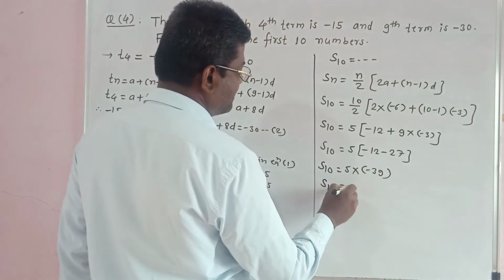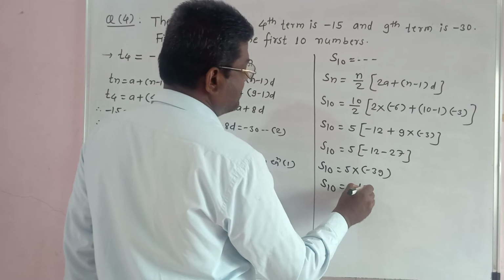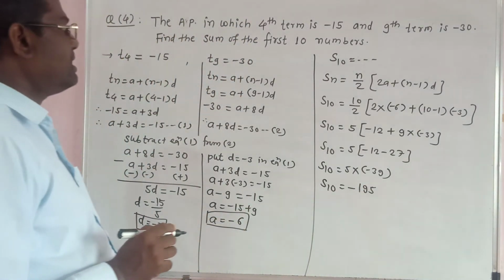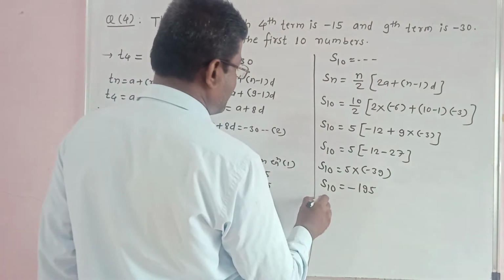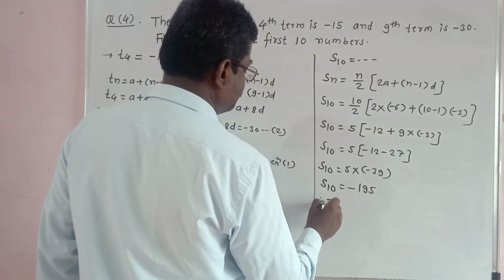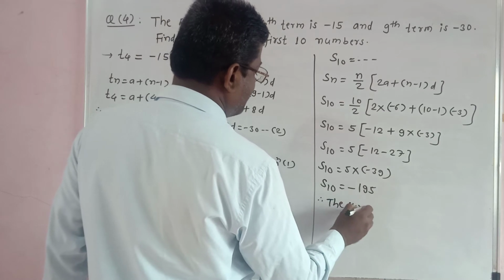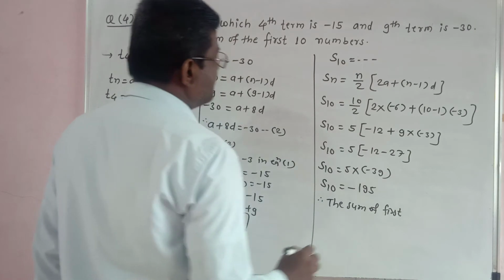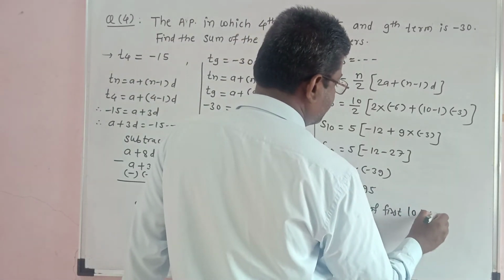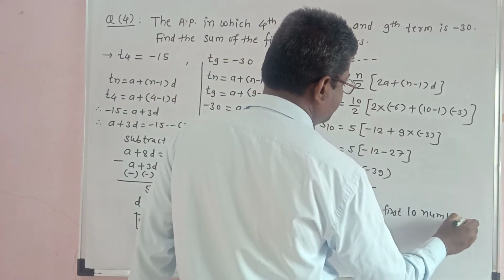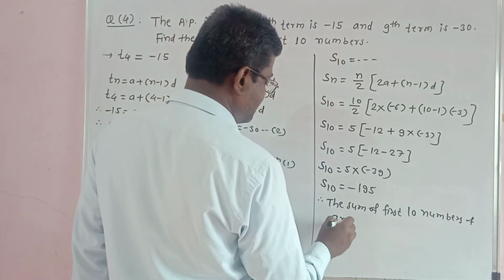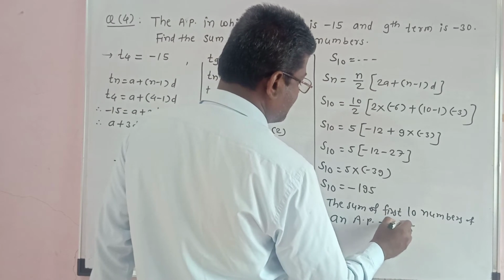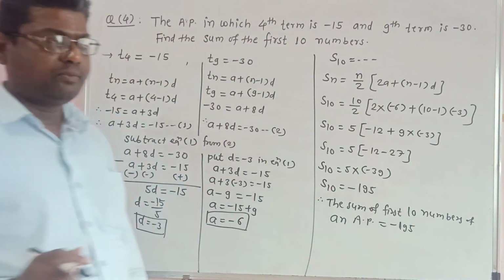Therefore S10 is equal to minus 195. Therefore our answer is the sum of the first 10 numbers of an AP is equal to minus 195.